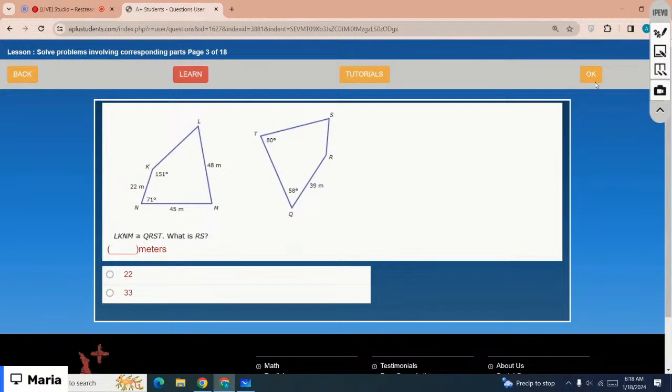So what is RS? Which is the correct option?